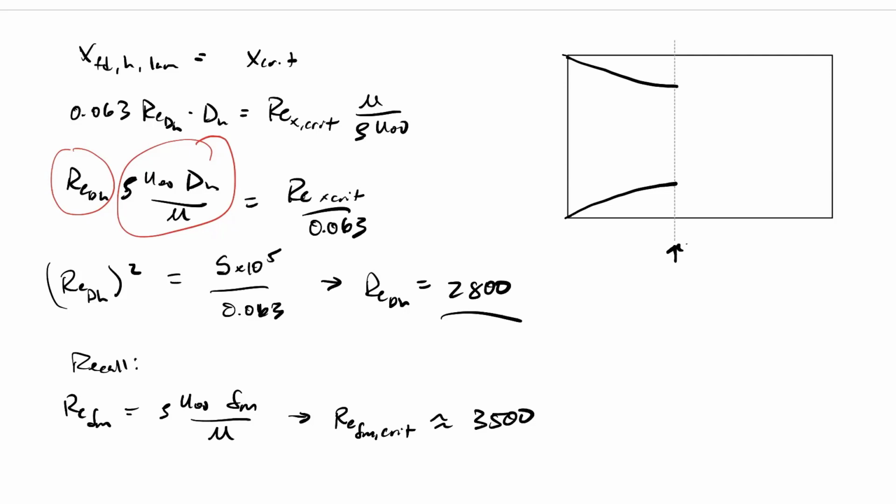So what's going to happen to the boundary layers when it becomes turbulent? What I mean is, how quickly are they going to grow? It's going to grow really quickly. You end up having something like this and something like this.